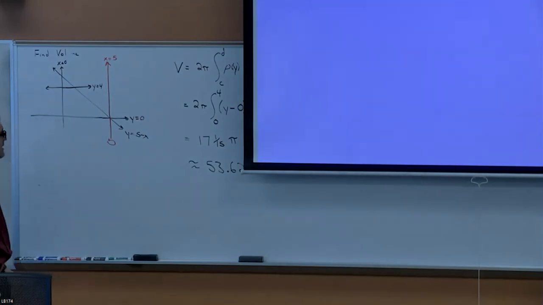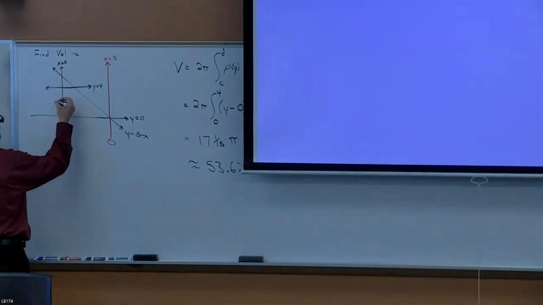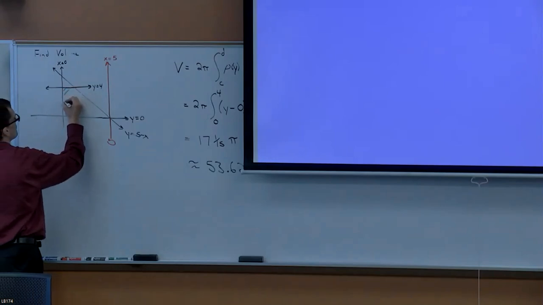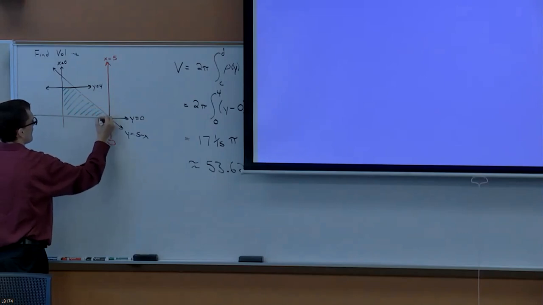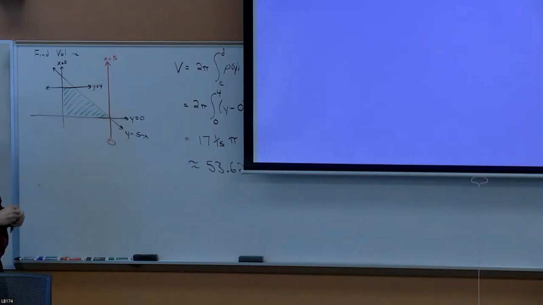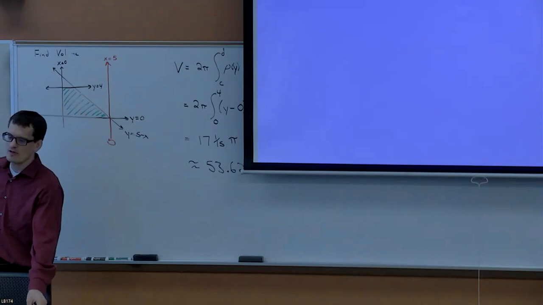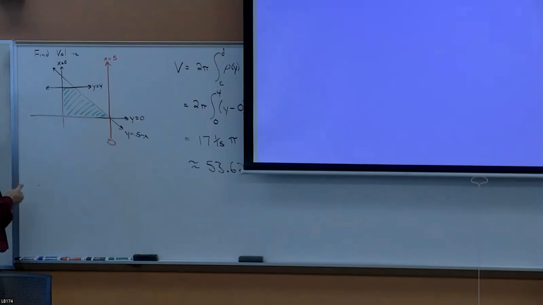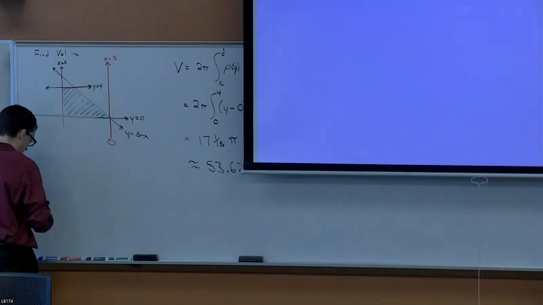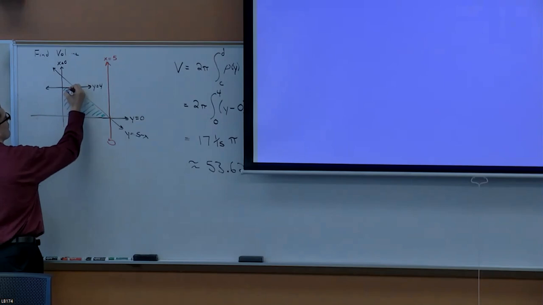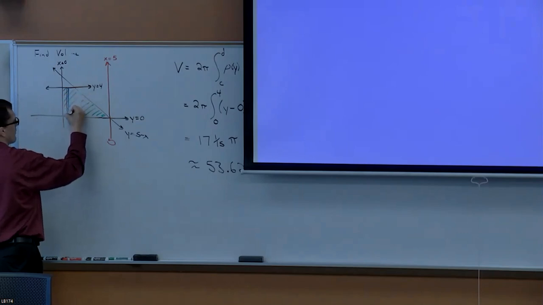Now, this is a kind of a unique region, because if I'm doing this via the shell method, in one section of this, I'm going to have my Riemann sum rectangles go from y equals 4 down to y equals 0.